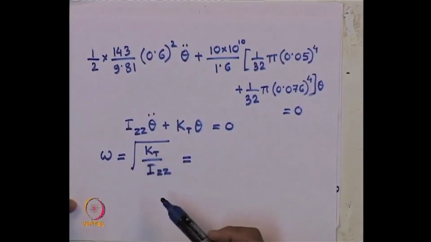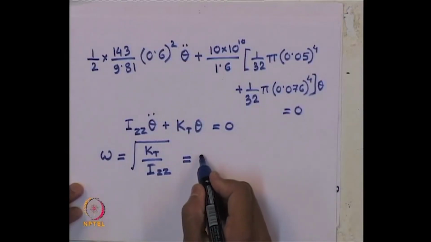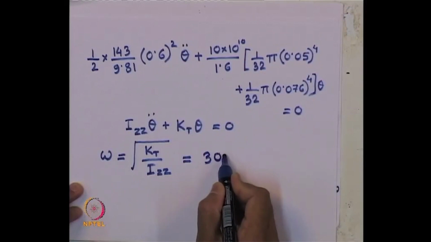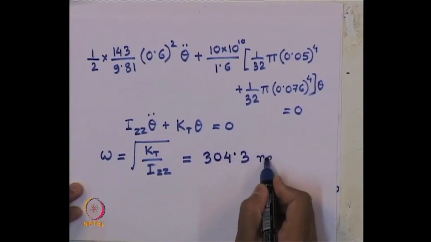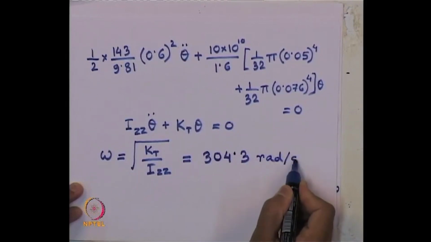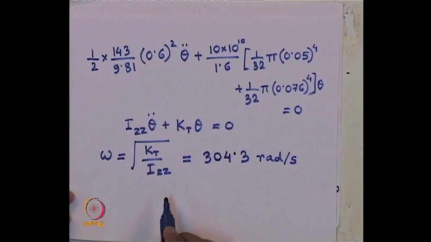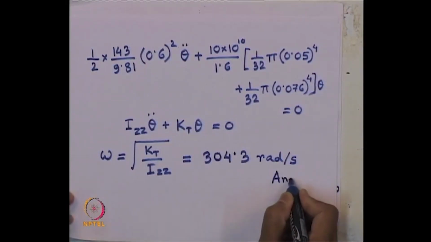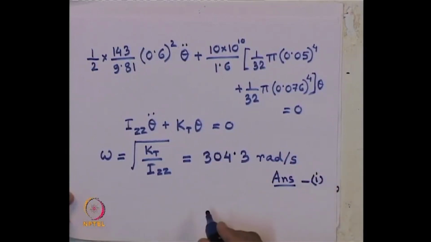If we put these values in this equation, we can find the natural frequency. After computation, it comes out to be 304.3 radian per second. This is the natural frequency of the system, the answer of part 1 of the problem.